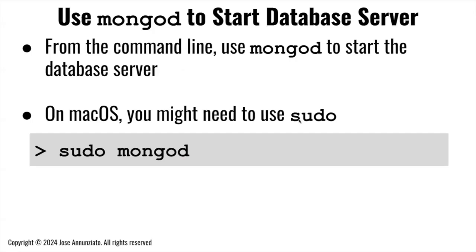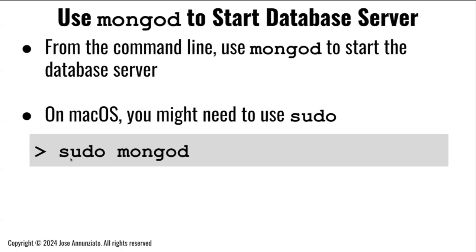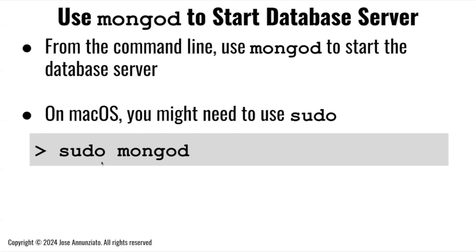Also, if you are on Linux or Mac OS, to start the Mongo daemon, the Mongo server, you may need to use the sudo command in front of it that gives you super user privileges, which would allow you to run this executable.